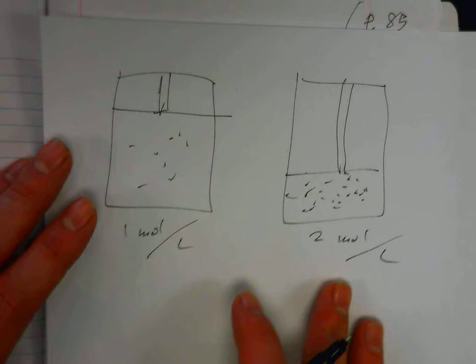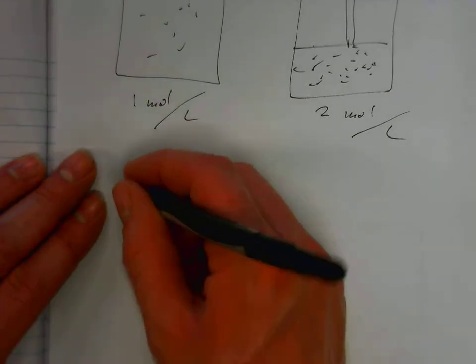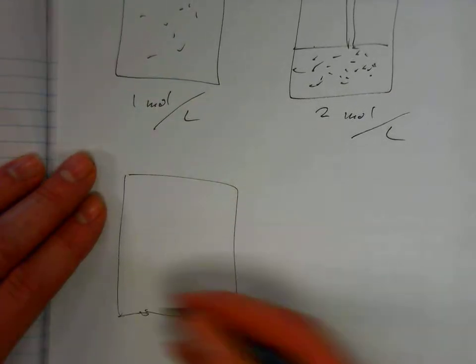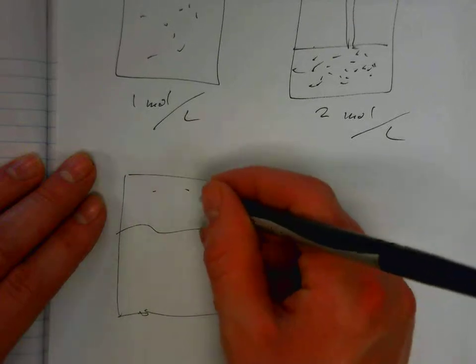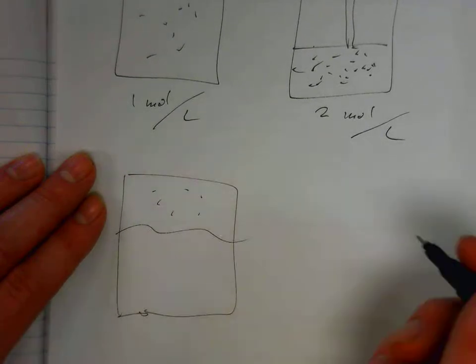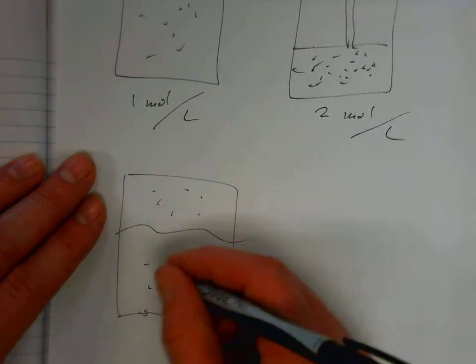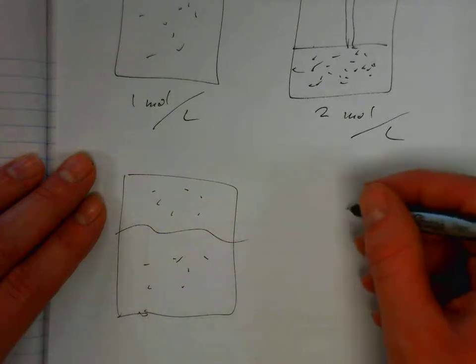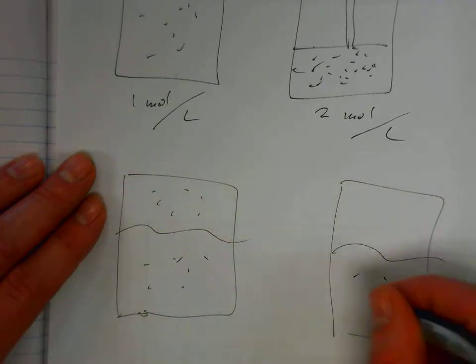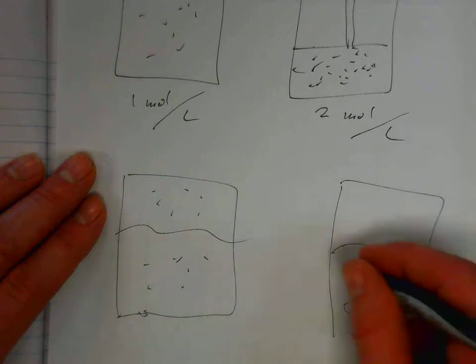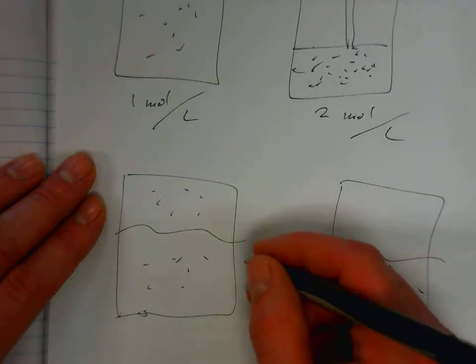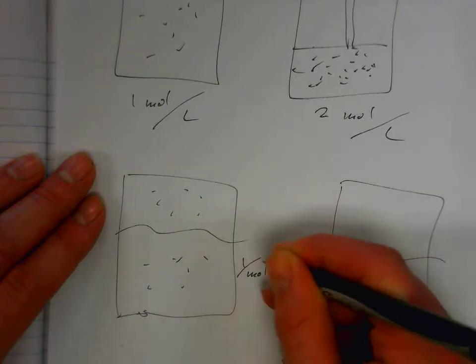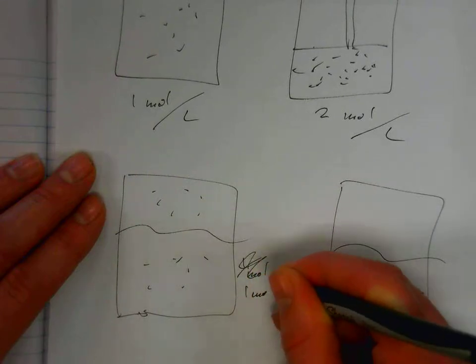Likewise, things in aqueous solution can change in their concentration. So we can have, for instance, maybe a gas here and gas dissolved. By increasing the pressure and various other factors, we can change the concentration in solution. So maybe we had, once again, 1 mole per liter.